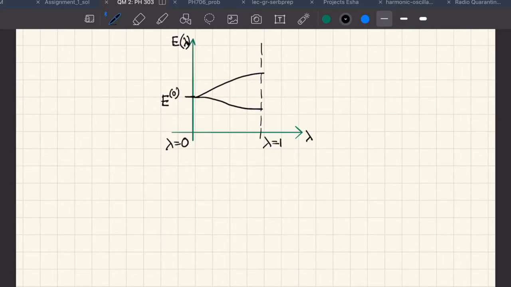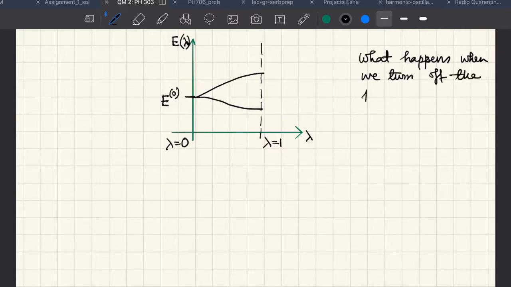What happens when we turn off the perturbation? That's another question which you might be eager to know.